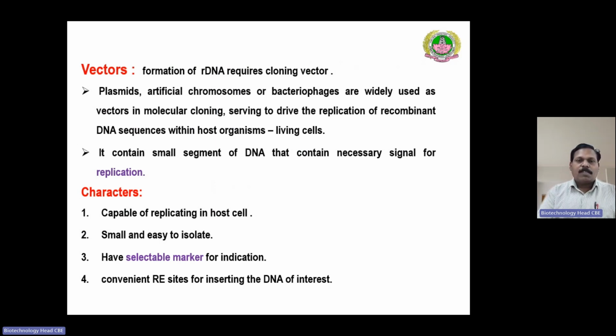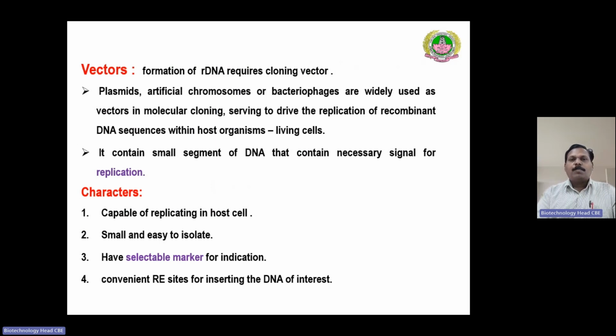The basic characters of these vectors are, ideally, they need to be capable of replicating in a host cell, and they must be small enough for manipulation and easy to isolate using laboratory procedures. They should have some selectable marker which will help in identifying the presence of a resistant gene and differentiate a recombinant from a non-recombinant, or a transformant from a non-transformant, once it's mobilized into a host cell.